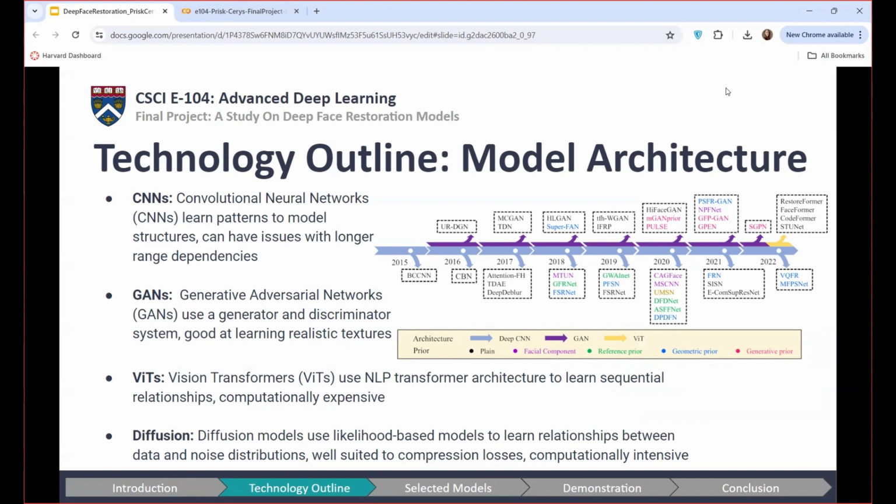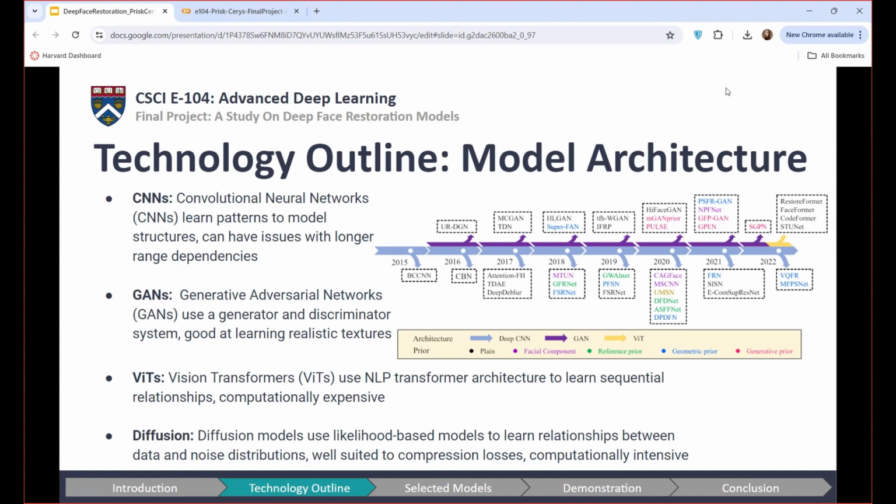In image restoration, this methodology means ViTs can learn how to optimize weights for different parts of the image to capture the context of the full image. This provides a big improvement over CNNs, which can't monitor long-term dependencies, but they are far more computationally intensive and more susceptible to overfitting.